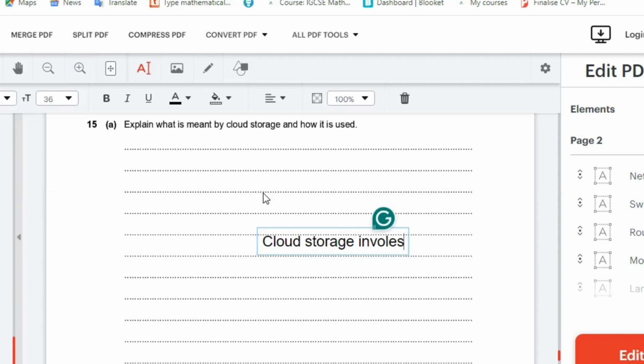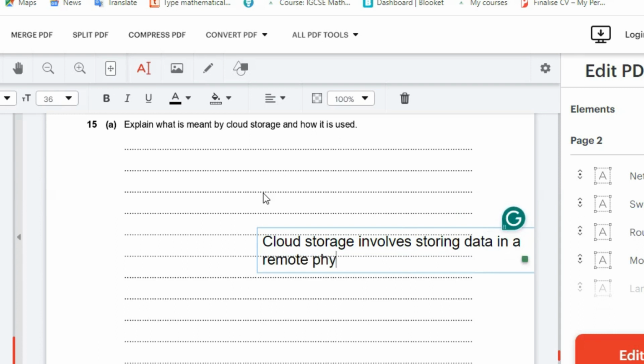That is, you store it online. Or an online storage platform.